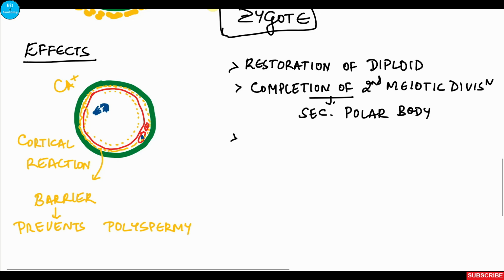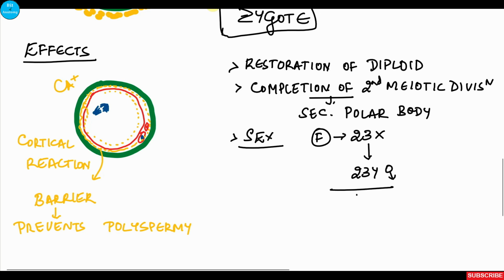Then the sex is determined at the time of fertilization itself. The secondary oocyte always carries 23X chromosomes, while the sperm carries either 23X or 23Y. If it is fertilized by 23Y, then the resultant baby is male, or else the resultant baby will be female.